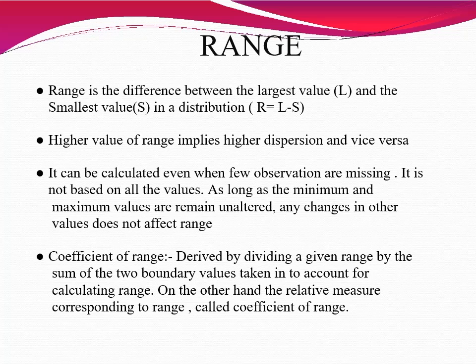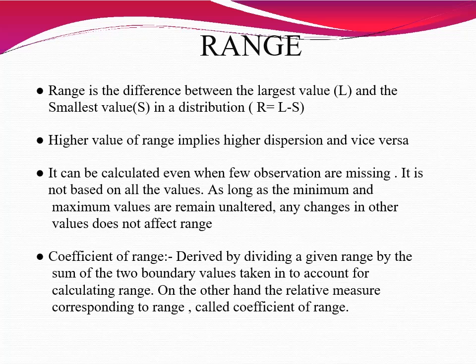Let me take an example and explain it to you. Suppose a frequency distribution or series is given as 15, 20, 25, 30, 35, 40, 45. In this series, the highest and the lowest are considered and the range is computed. So the largest is 50 and the smallest is 15.